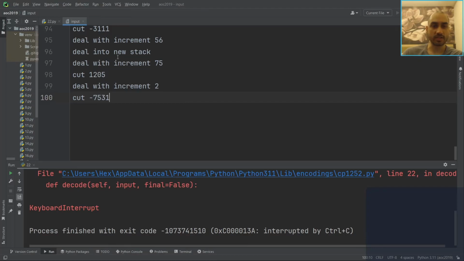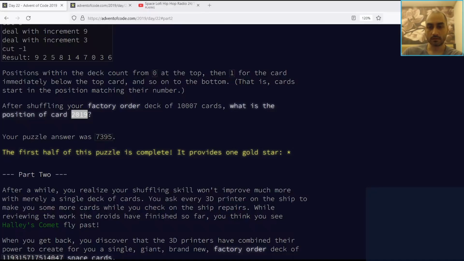Wait, isn't it just negative the number? Yeah, it is negative the number.